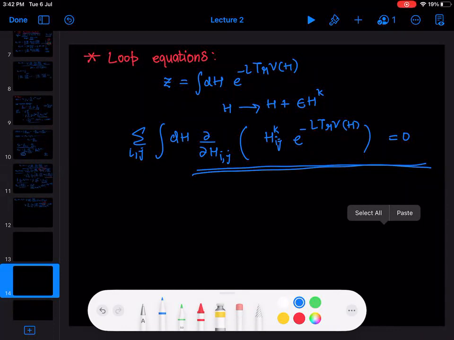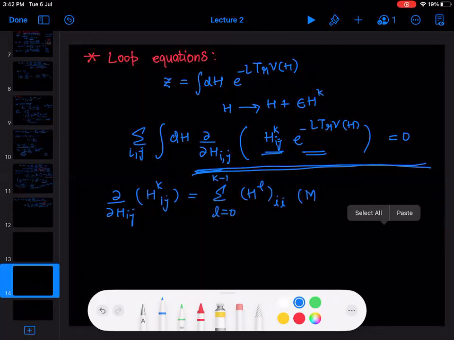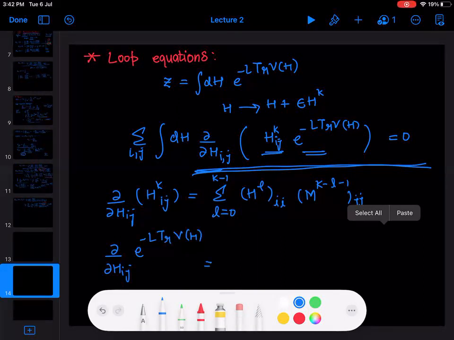We have to act this derivative once on this and then on this. When I operate it on h to the power k, I get this term. When I operate it on the potential, I get this term.